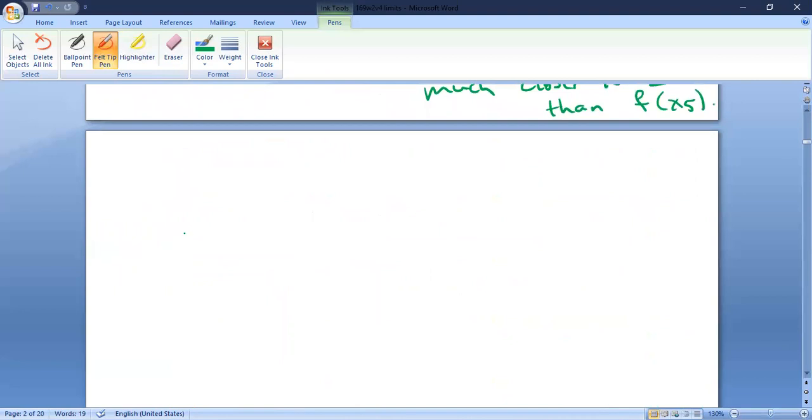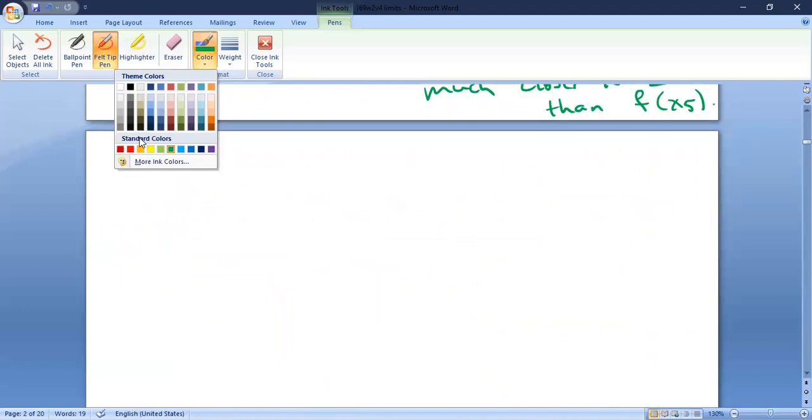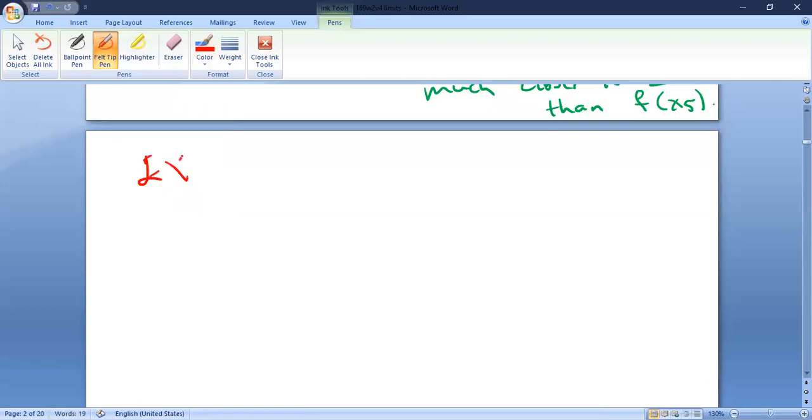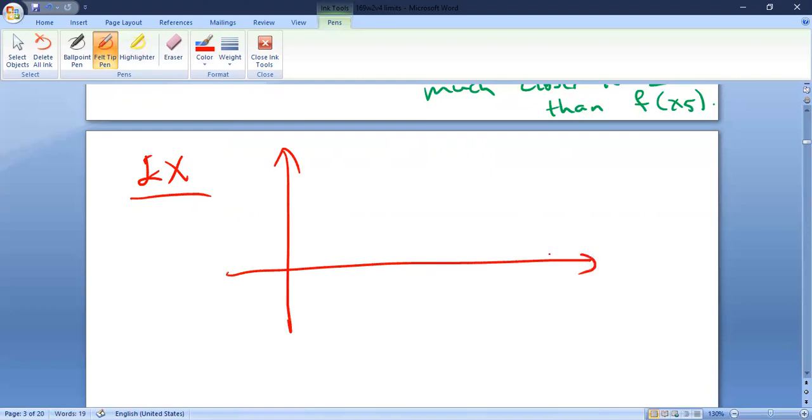Now let me give you another example. Let's say we have some function, but I will just draw a graph like this. An empty circle means the function is not defined as that number.